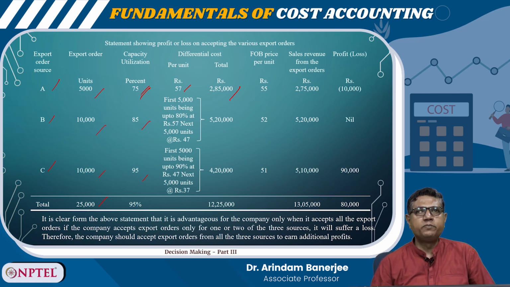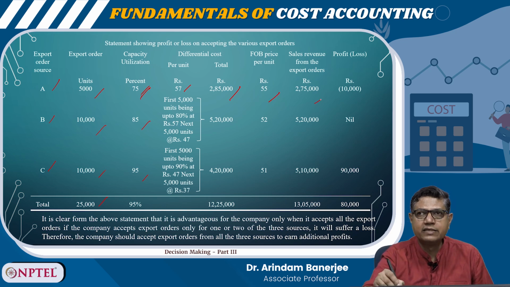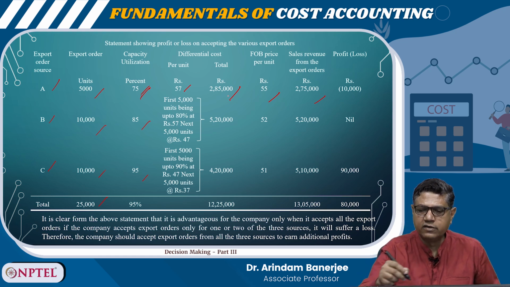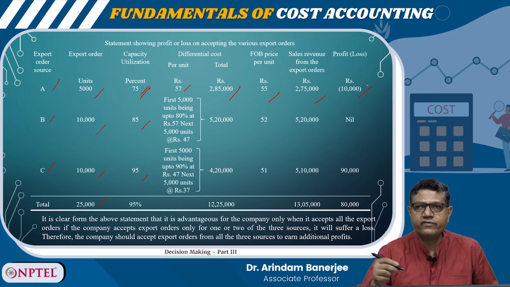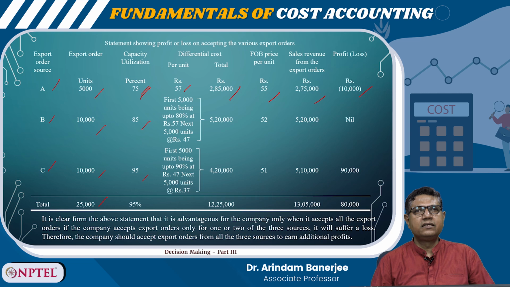FOB price per unit is 55, so sales revenue from export order is 2,75,000. So, there is a loss: 2,85,000 is the cost, 2,75,000 is my incremental revenue. So, my loss is 10,000 rupees.